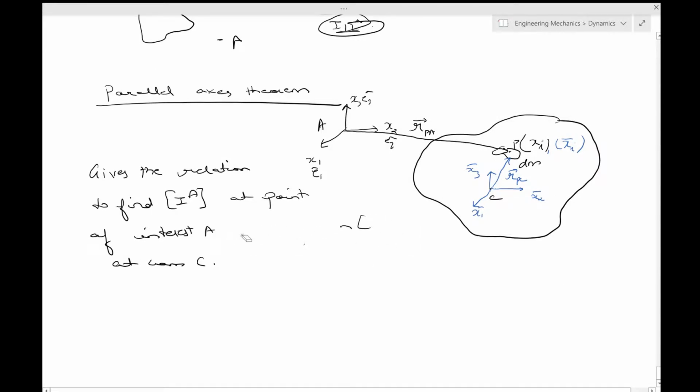Let me write this from the known IC at the center of mass C. Okay, so consider two parallel axes.